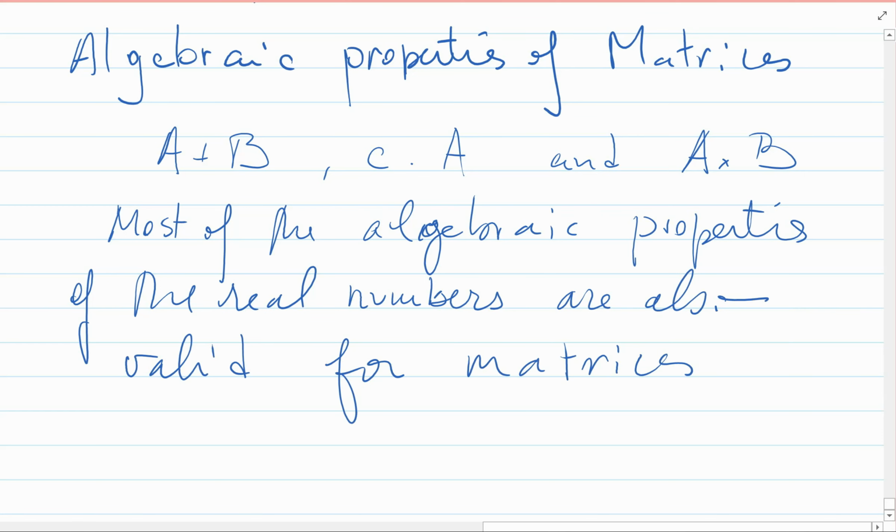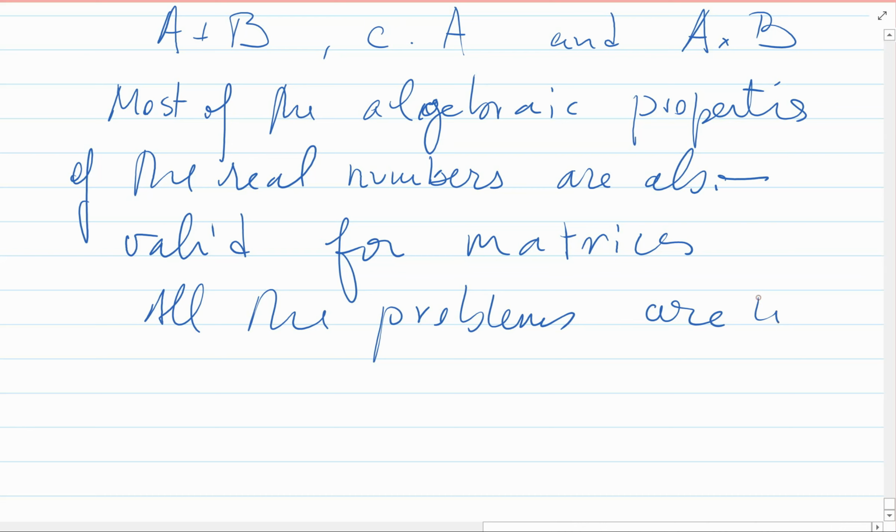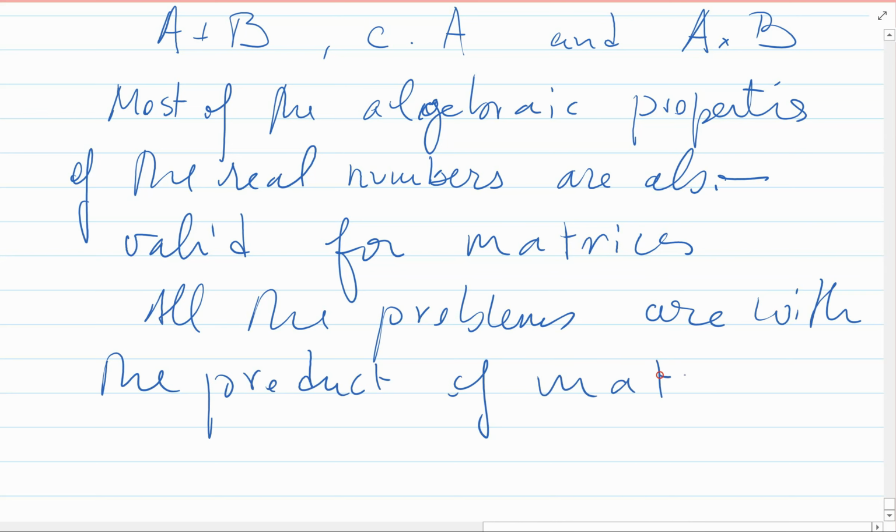I didn't say all, because that's not true. So keep in mind, the main sticking point, the main problem, is with the product, because it's not natural. And because of that, it gets complicated.